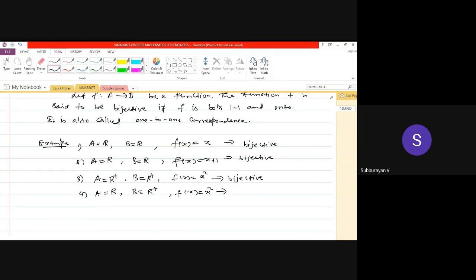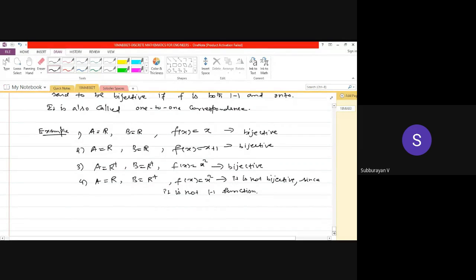In this case, A is the set of real numbers and B is the set of positive real numbers. It is not bijective, since it is not a one-to-one function. Okay, one-to-one function. Very good.